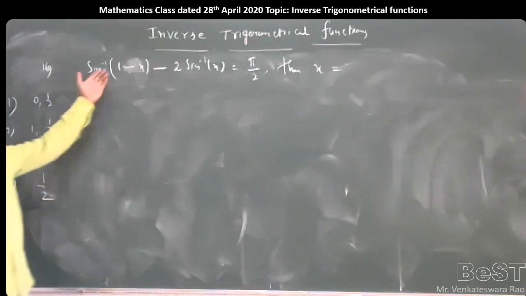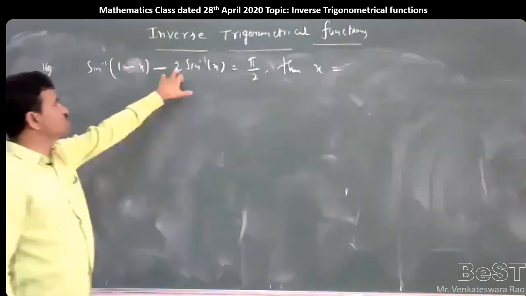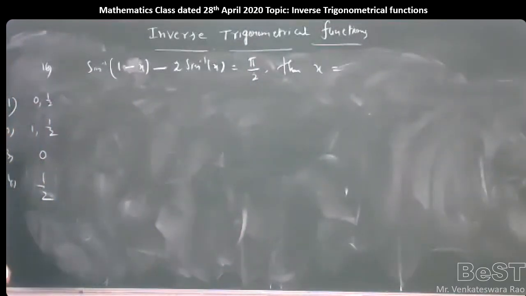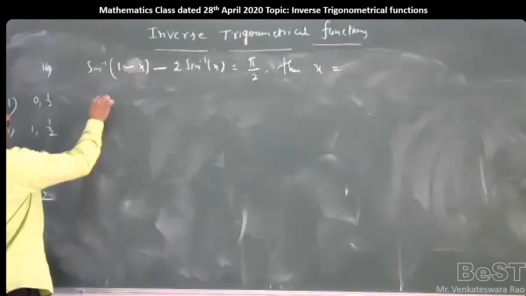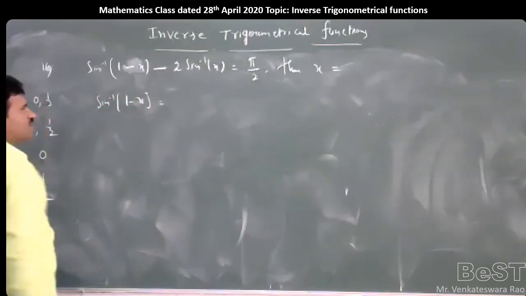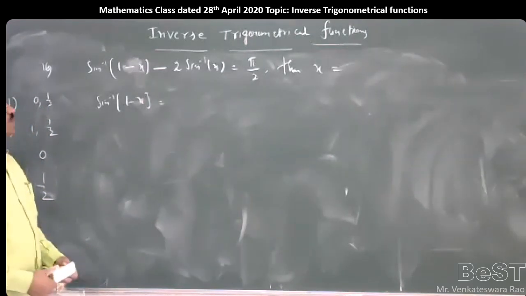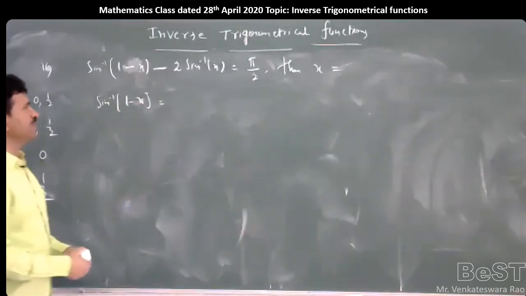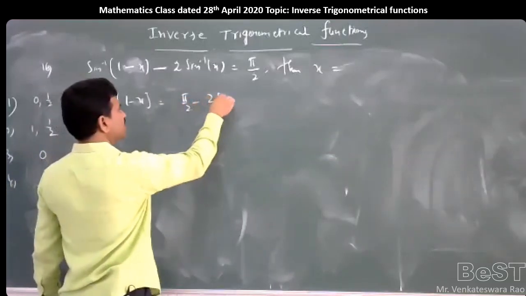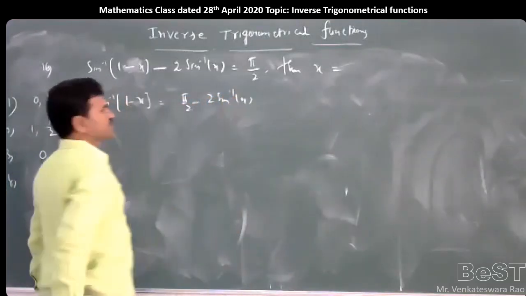Sine inverse of (1 minus x) minus 2 sine inverse of x is pi by 2. Then x is equal to, sending the minus 2 sine inverse of x to the right side. Your regular PUC methods will not work out here. So sending to the right side, pi by 2 minus 2 sine inverse of x.